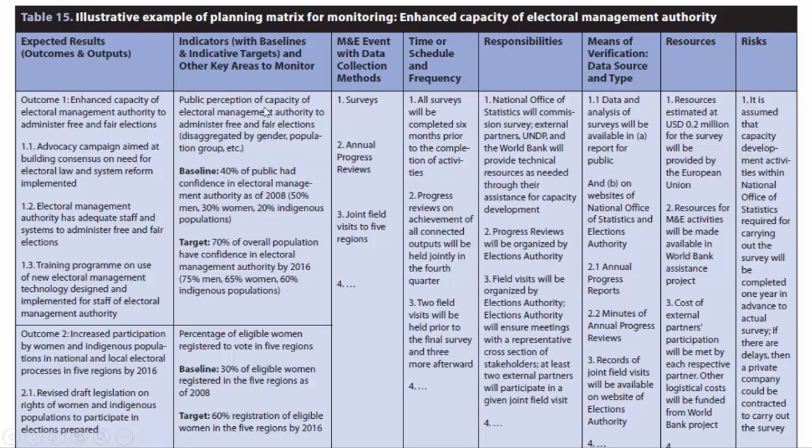Public perception of capacity. So when you see these indicators, you see this indicator here is obviously found in the logical framework of this project, okay, or of this program or activity they're doing. So now, what this tells you, because you know that this really is the indicator I should be collecting for this, the question is, how will you be using it?